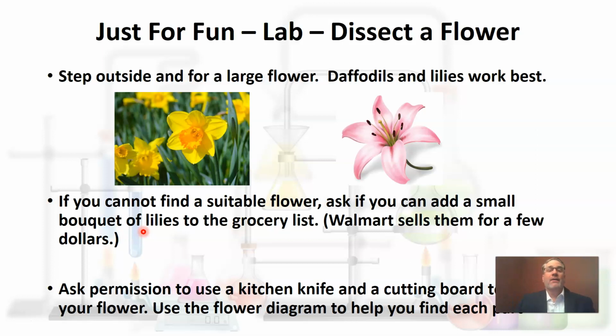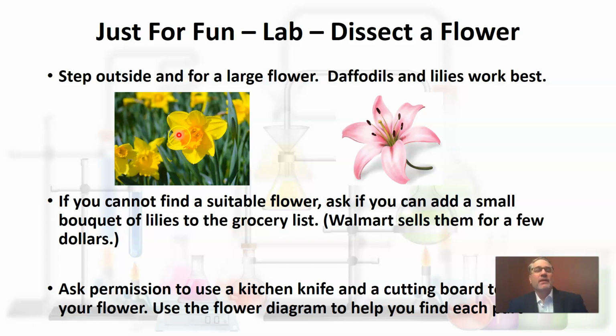All right, let's get to our lab for today. Remember, this is just for fun. I want you to step outside and see if you can find a large flower. We don't want to find something like a sunflower or a dandelion because it's made of many tiny flowers put together.